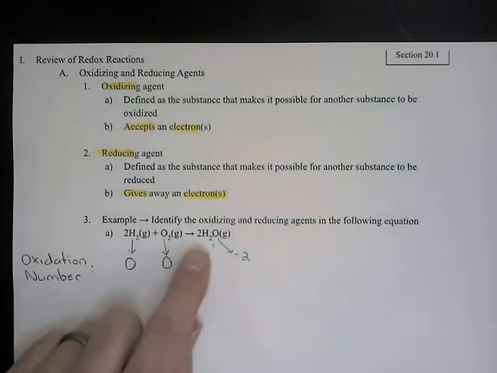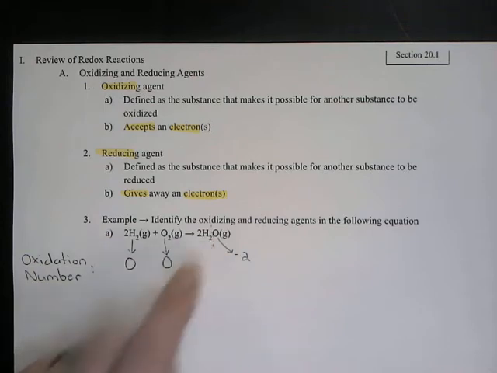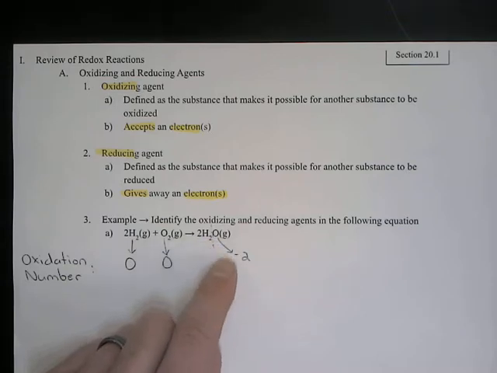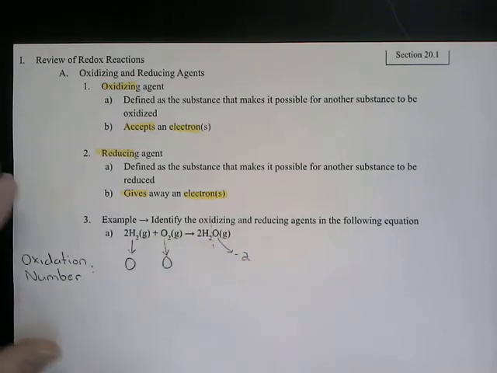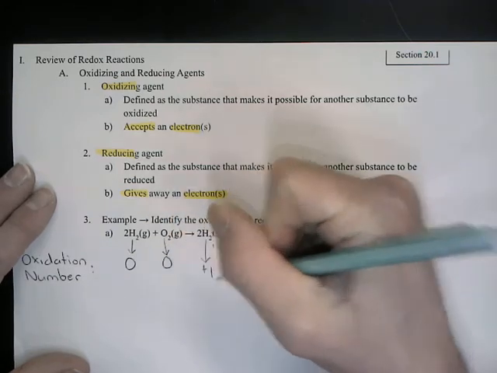Now we are looking for the charge of each individual H. To find it, we need to think, what times 2, since we have 2 hydrogens, plus -2 would equal 0. Well, that would mean that hydrogen has a +1 charge.